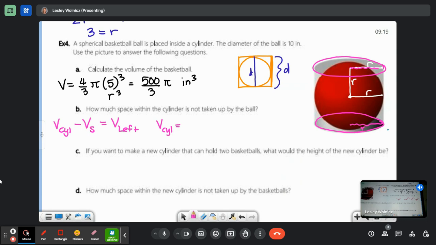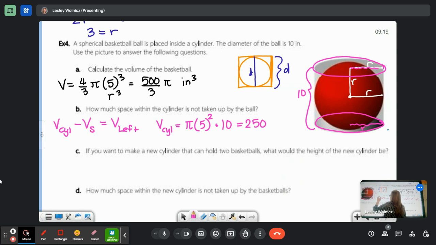So pi r squared for the base. Radius is 5, times the height, by 10, because it's 2 radii or 1 diameter. So 250 pi.